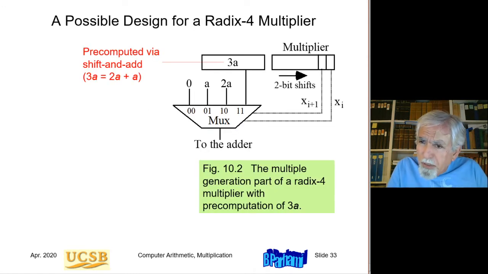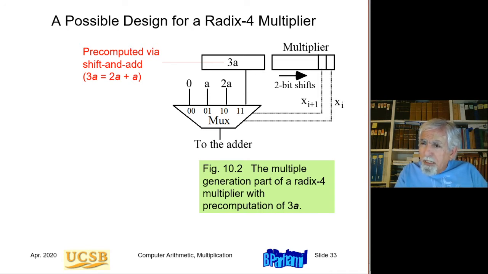Okay, so this is the first approach. Because 3 times a is a difficult multiple, we pre-compute it before starting the multiplication by performing this addition: add a to left-shifted a to compute 3 times a, and store it in this register. From that point on, any time that we need 3 times a, we already have it in that register, and it's just as easy to get as the other multiples. So here is the rest of the multiplier.